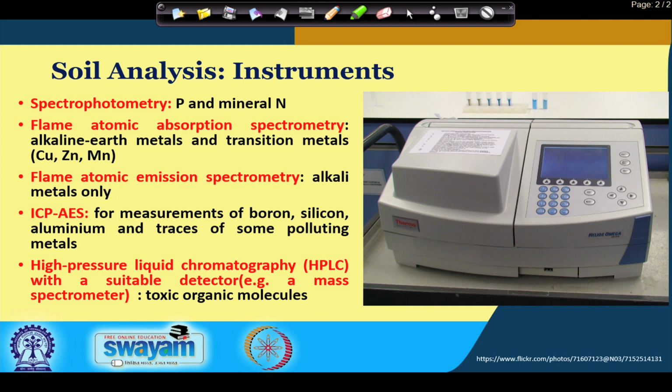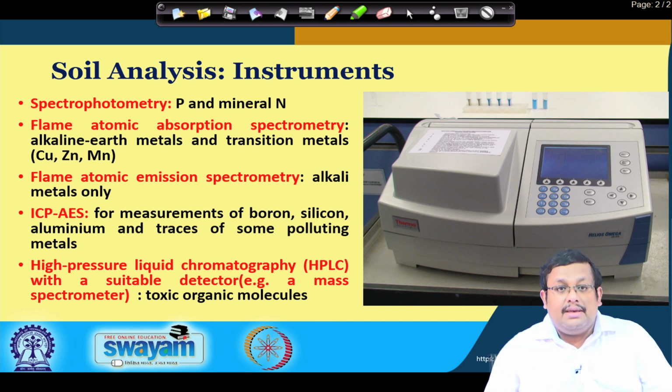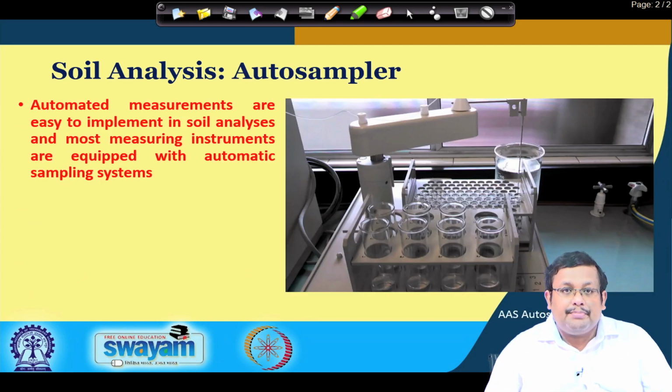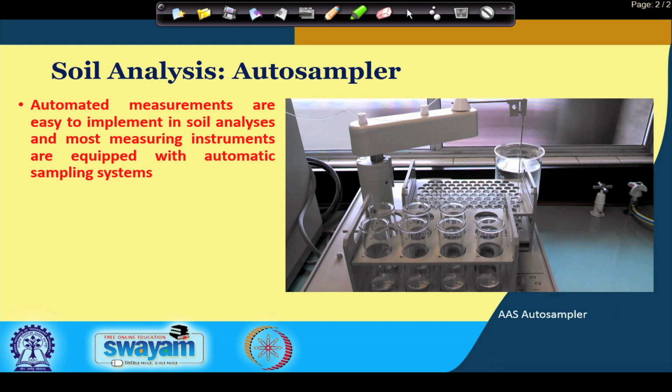And then we talked about some basic instruments like spectrophotometer, flame atomic absorption spectrometry, flame atomic emission spectrometry, ICP-AES, then HPLC, and also HPLC-MS, like mass spectrometer, for measurement of different pollutants. We also talked about the auto sampler, which is required for automated measurements without human intervention.